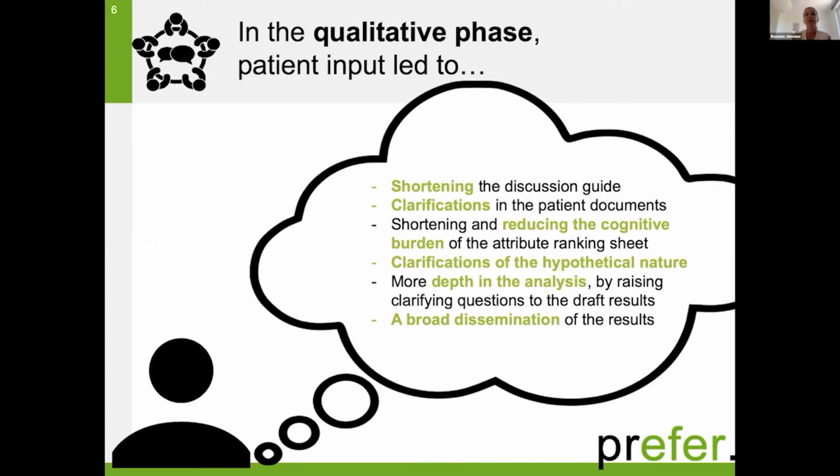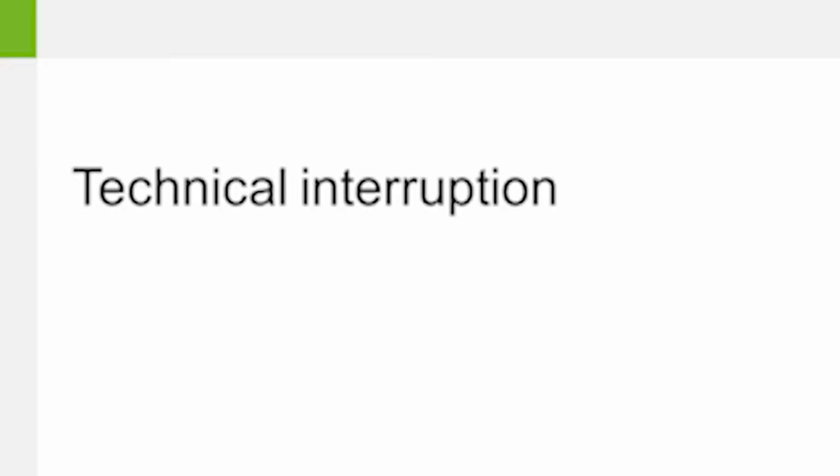They also pointed towards the need to clarify certain elements in the patient document, so in the information sheet, as well as in the informed consent. And so by pointing towards the need to shorten and to clarify certain elements, they helped reduce the cognitive burden of both documents.